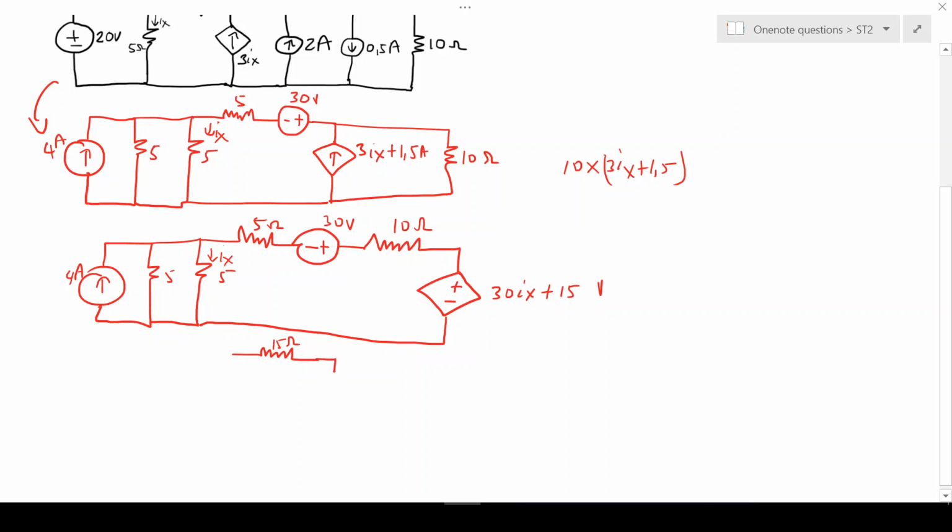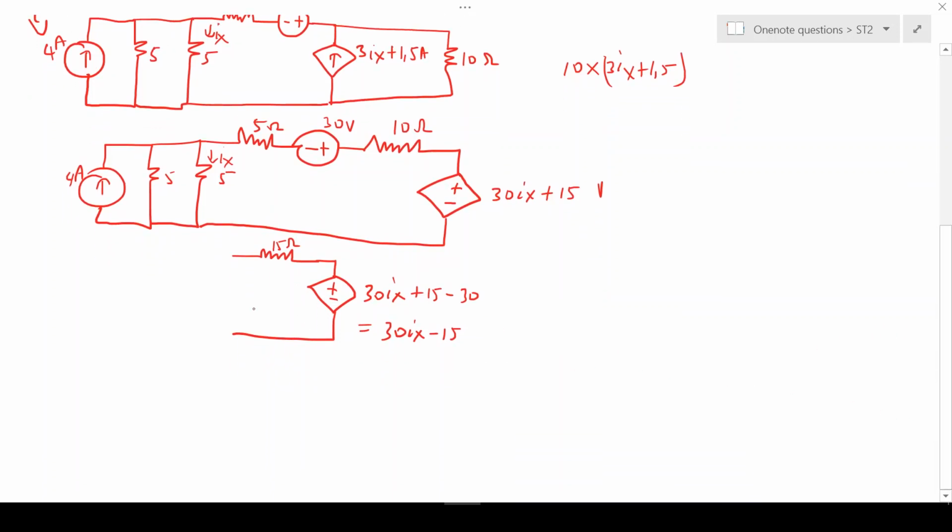So the final value of the source should be 30Ix plus 15 minus 30 volts, which should give me 30Ix minus 15.